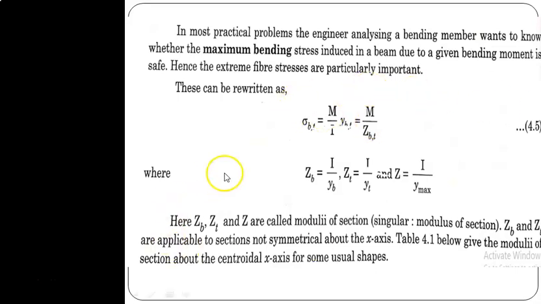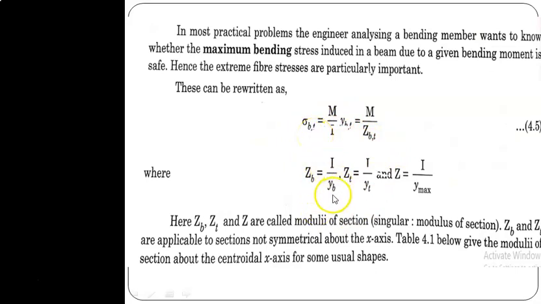So y is the maximum distance, that is the extreme fiber. If we want to find the stress at the extreme fiber, we use the y distance between the neutral axis and the extreme fiber, so that we obtain the maximum fiber stress.